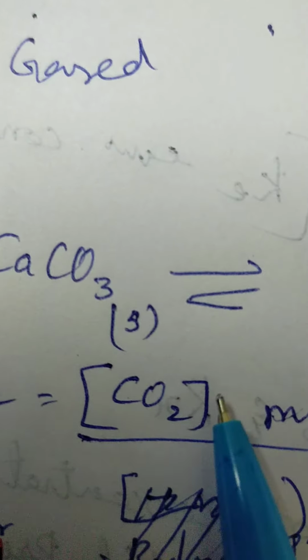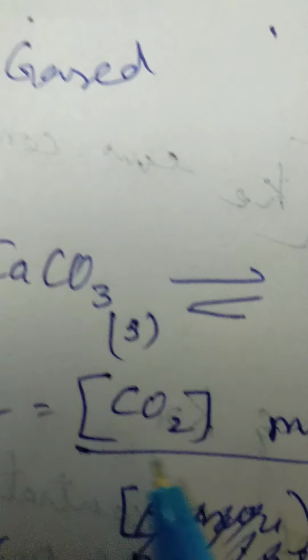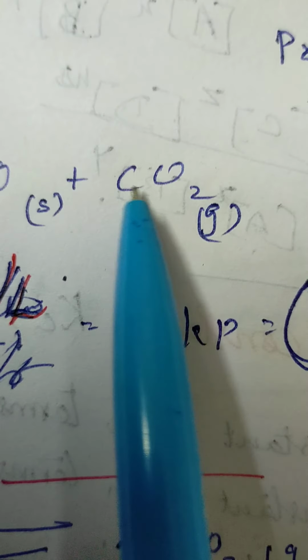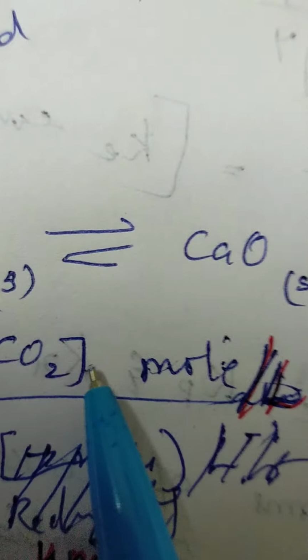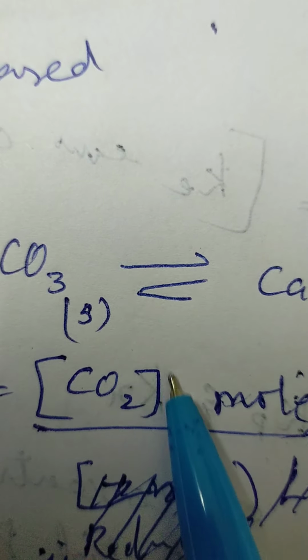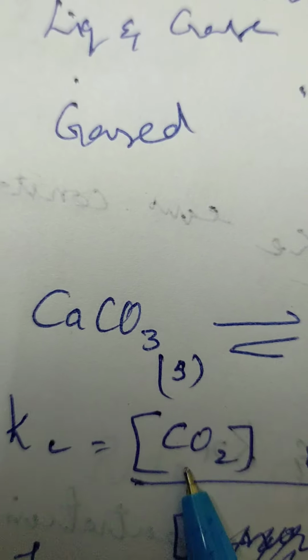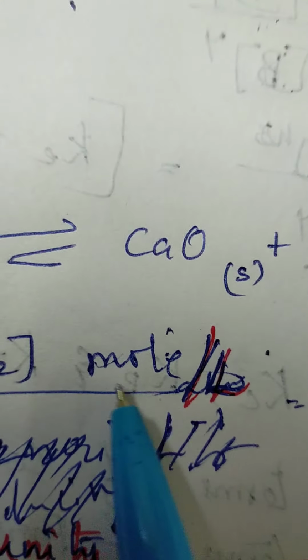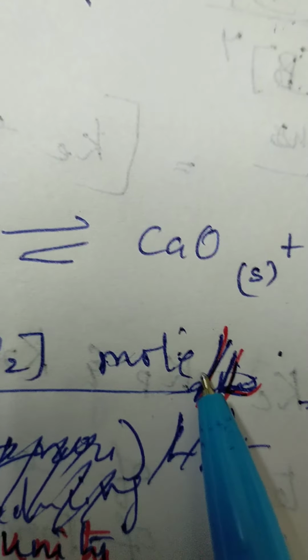So Kc is equal to the concentration of CO2. What is the coefficient of CO2? Nothing is there, so we need not mention anything. Kc is the concentration of CO2, with unit mole per liter.